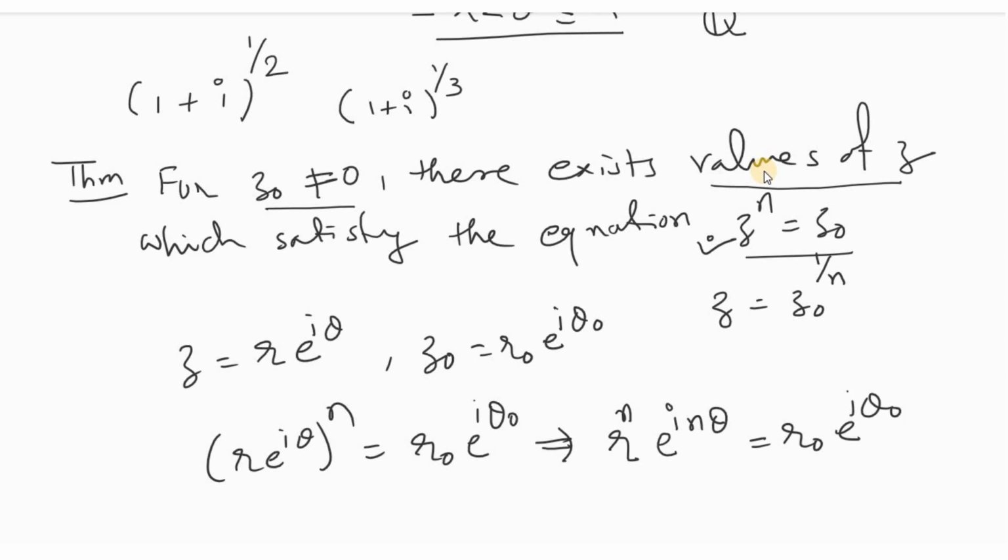Now there are two complex numbers that are equal in polar or exponential form. So by the equality condition, we can say that r^n = r0 and n theta = theta0 + 2k pi.